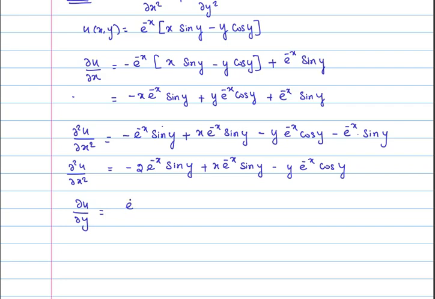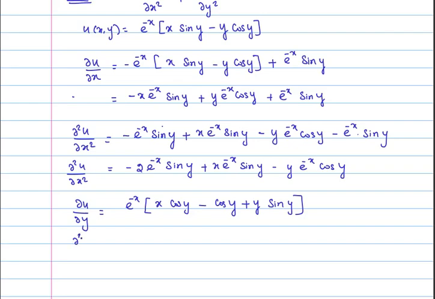Exponential of minus x times, if you take the derivative with respect to y, you will get cos y only, so minus, here you use the uv formula, minus cos y plus y times sin y, because the derivative of cos y gives a minus, which makes it positive. So x times cos y minus cos y plus y times sin y.